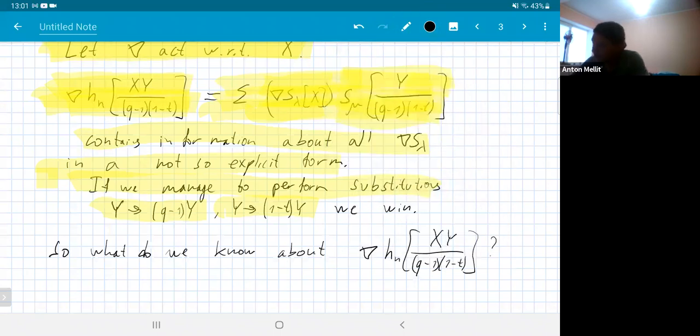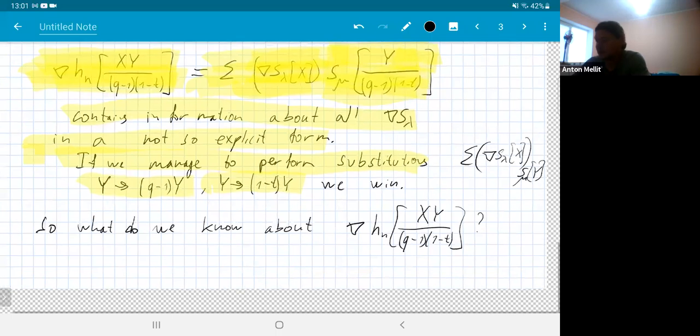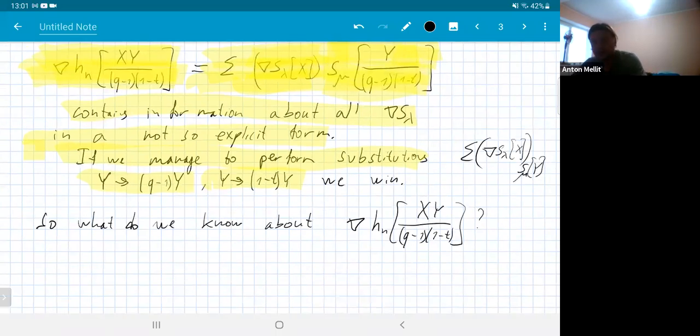We win means that we will have a formula for some Nabla of S lambda of x, and the coefficient is simply S mu of y. So if you have a formula for this, and in the computer you expand it in the Schur basis, you just get your Nablas of S lambda on the nose.